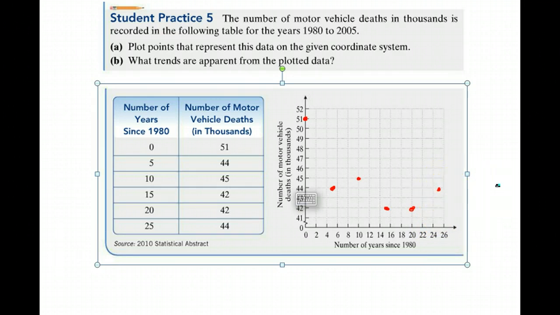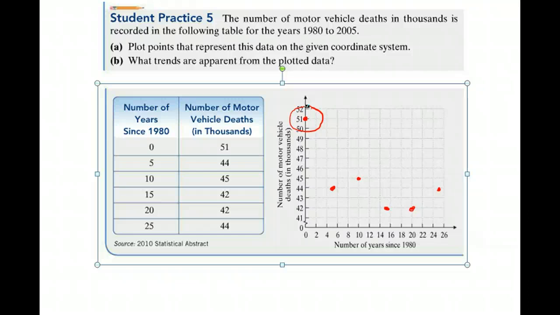So as we look at this data, we can see that in the year 1980, there was an extremely large number of motor vehicle deaths. So I would say that the trend at that point in time was that there was an extremely large number of reported deaths at that time.